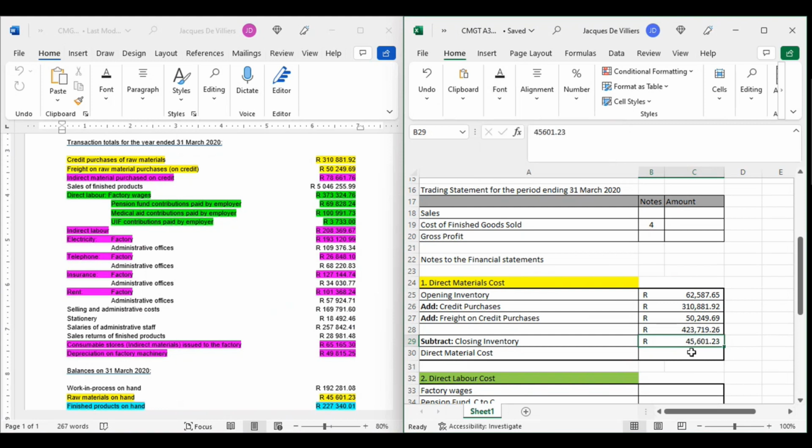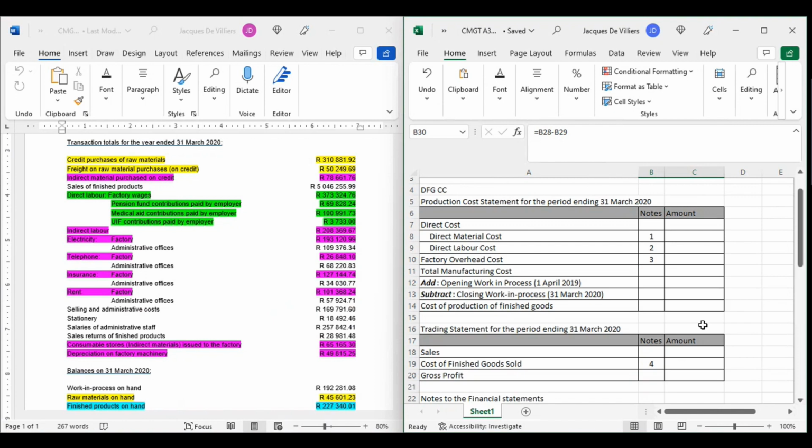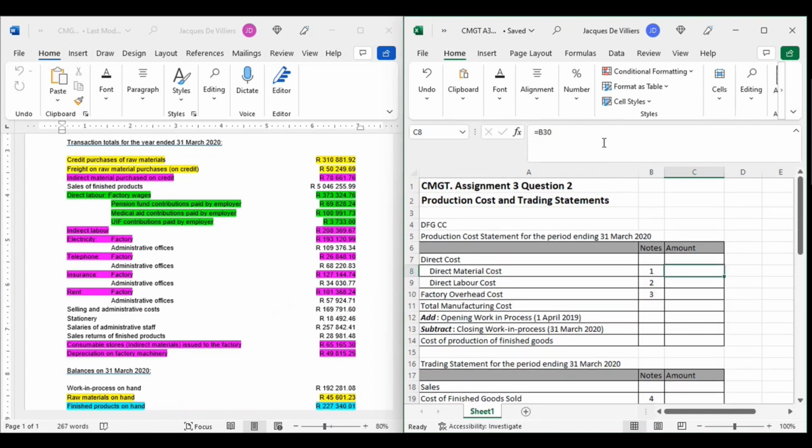And so now I can calculate my direct material cost by simply subtracting the 45 from the 423, and I get 378,118. Now that's the first amount that I put into my production cost statement.